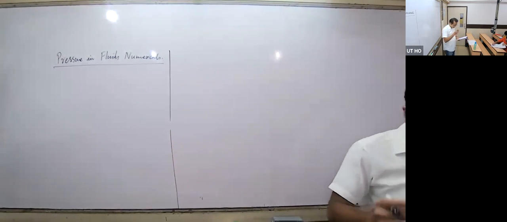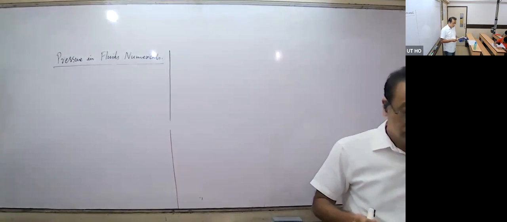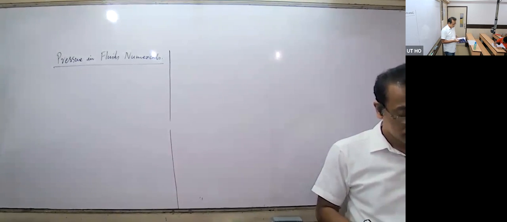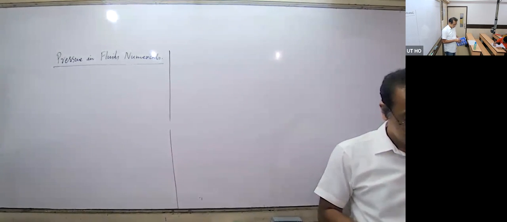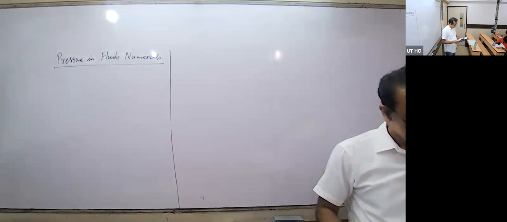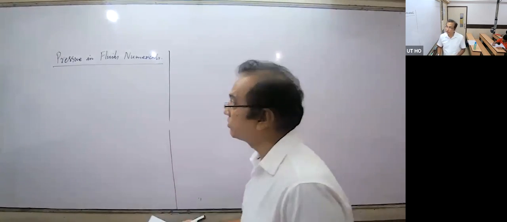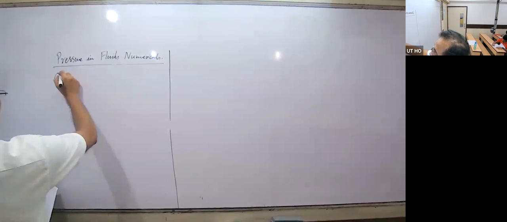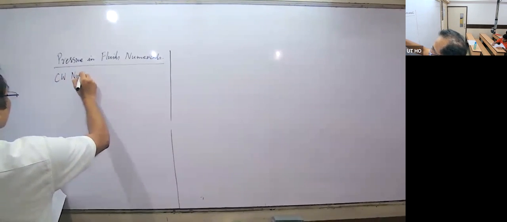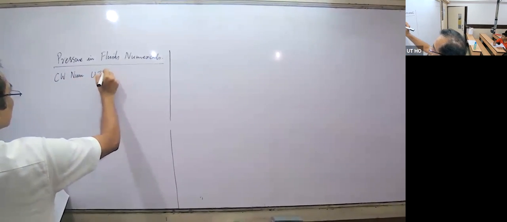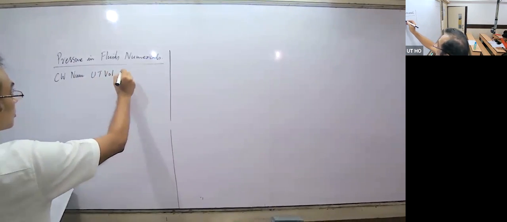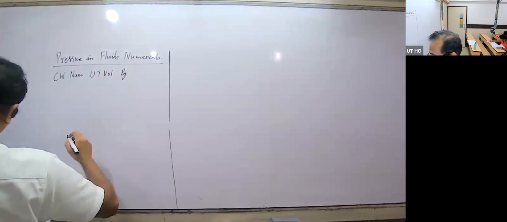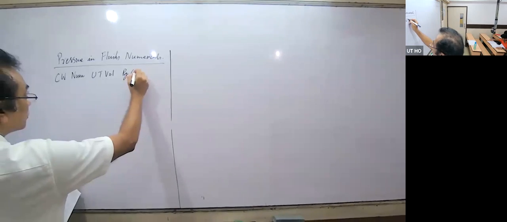Okay, so the first numerical is from the classwork numericals on YouTube. This is page number 62.